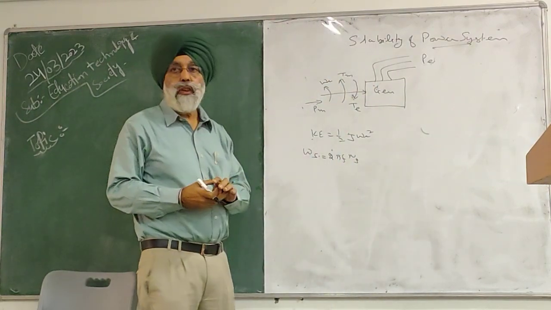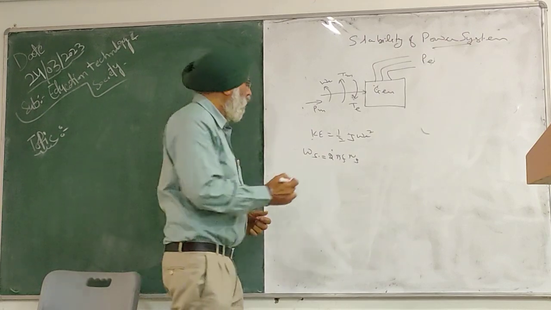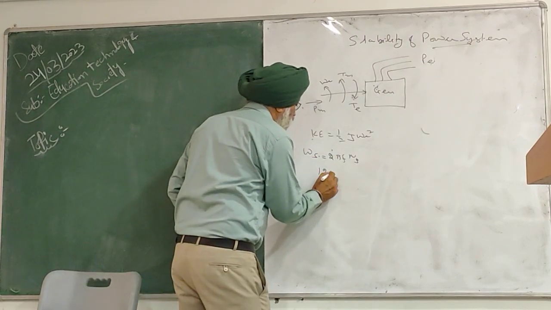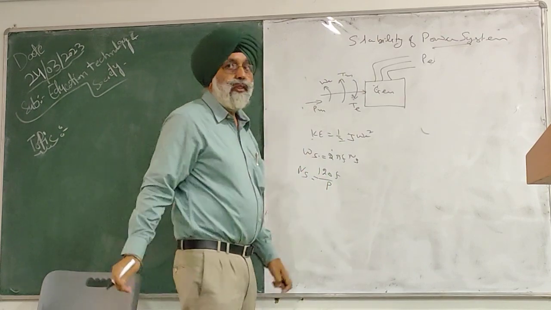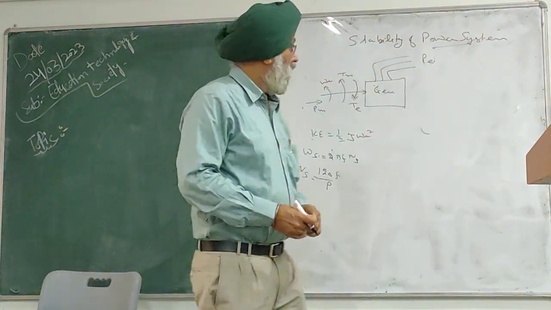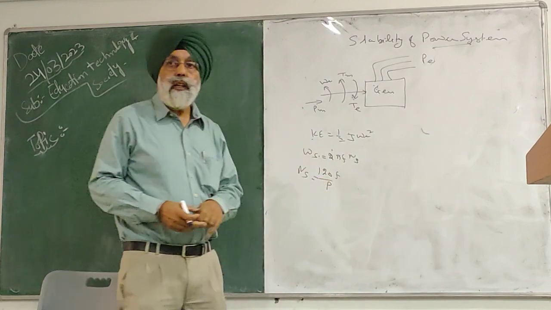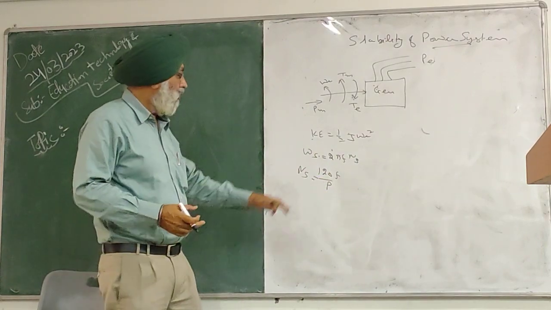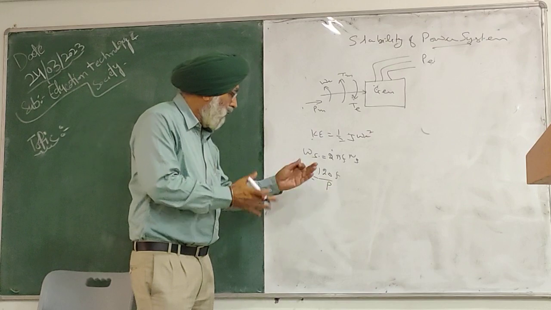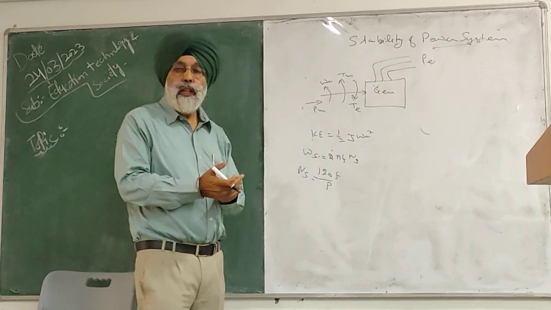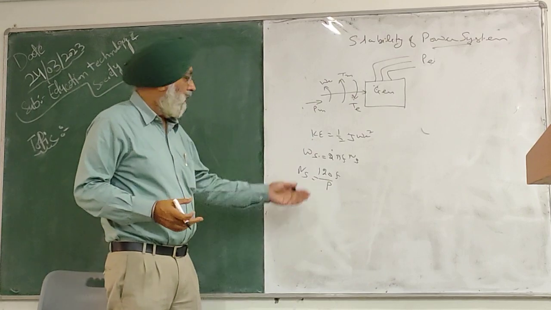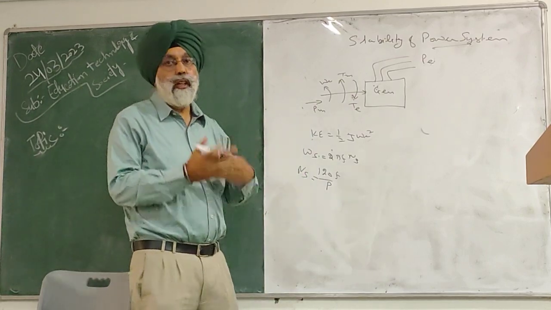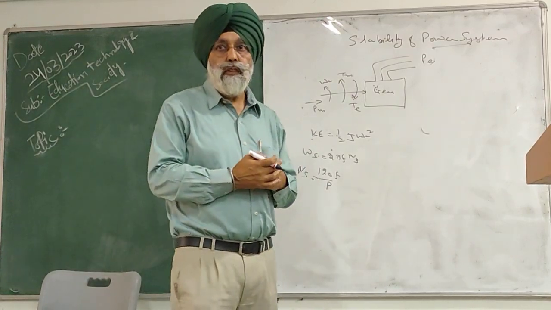Okay? So this is related to the number of poles. The synchronous speed is equal to 120 f by p. Accordingly, if we have a large number of poles, then we have less speed, and if we have a small number of poles, then we have a large speed.